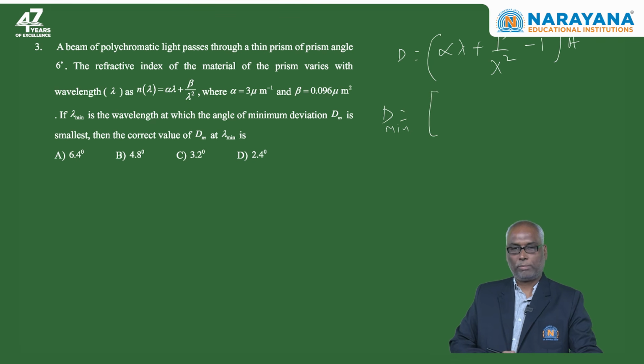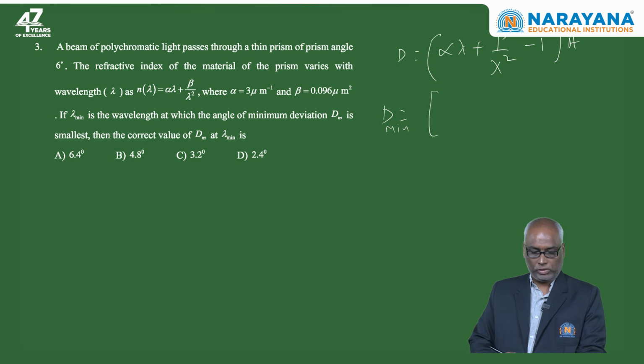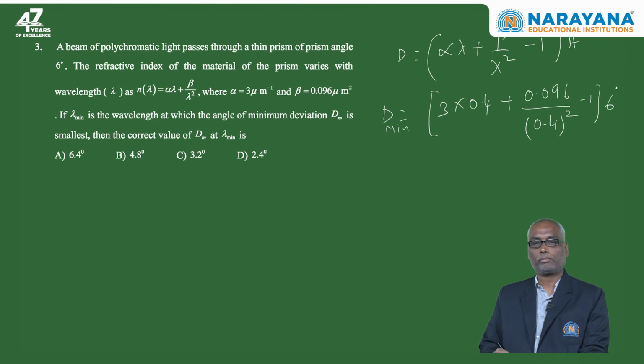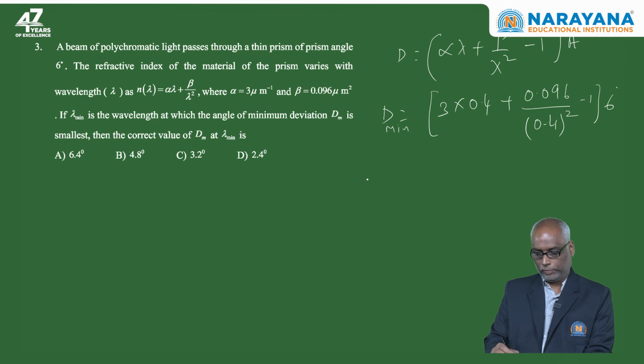We got a value of lambda as 0.4 micrometers. So, alpha value is given 3 into 0.4 plus beta value 0.096 divided by lambda value 0.4 whole square, minus 1, into angle of prism, which is given as 6 degrees. So, let us evaluate this one.